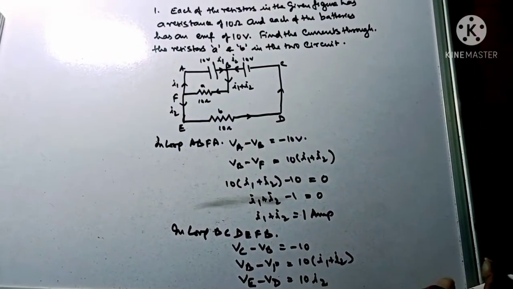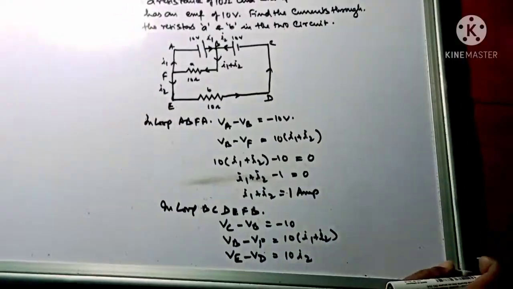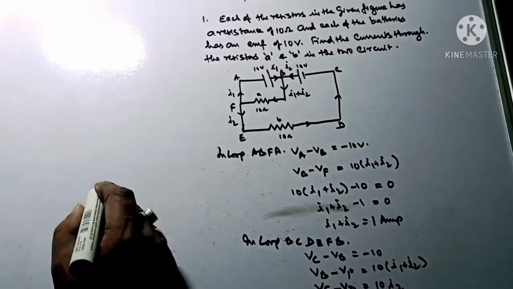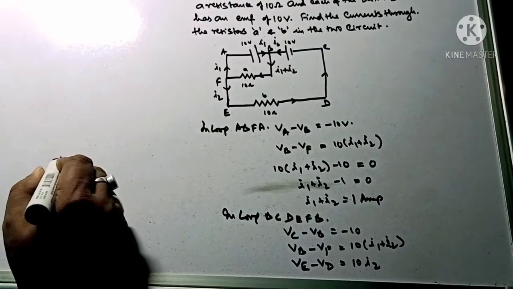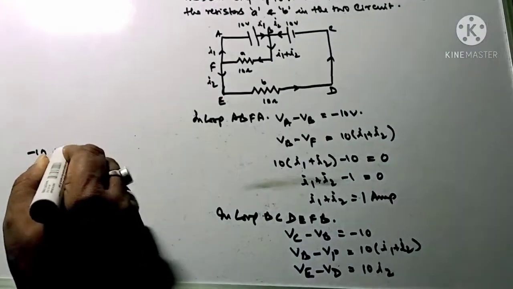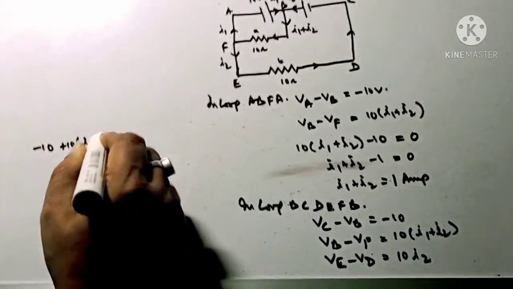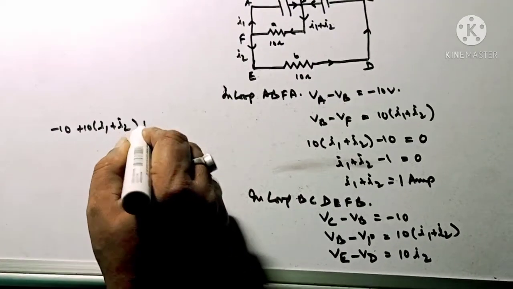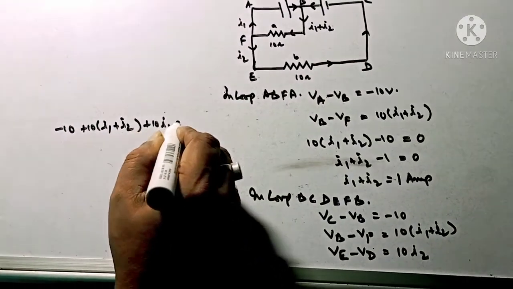So again your total will be 0. So this will be minus 10 plus 10(I1 plus I2) plus 10 I2 equals 0.